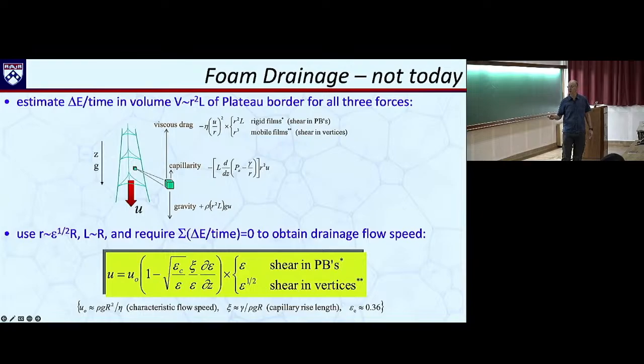You get this term if the films are very mobile, so that you get essentially plug flow in the plateau borders, and you get shear flow only in the vertices. So take this equation, supplement it with a continuity equation, you've got yourself a nice partial differential equation that you can use to describe how the volume fraction evolves as a function of space and time in the foam while drainage is happening. And you can also supplement it with things like coarsening to account for lots of things.